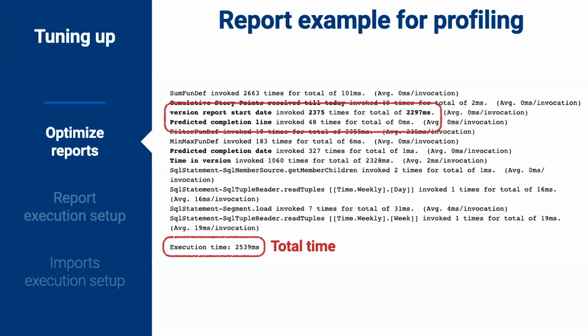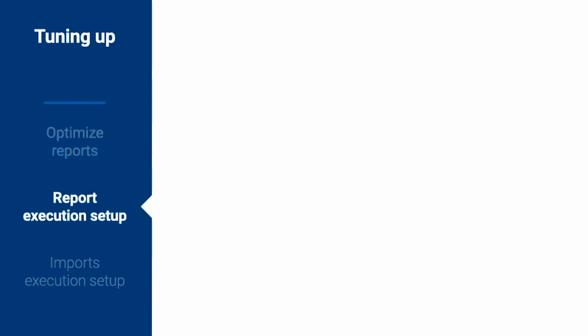They are overlapping, and therefore the total sum of all the measures is not creating the total time, because they are using one another. So this is for individual report profiling and working on performance.